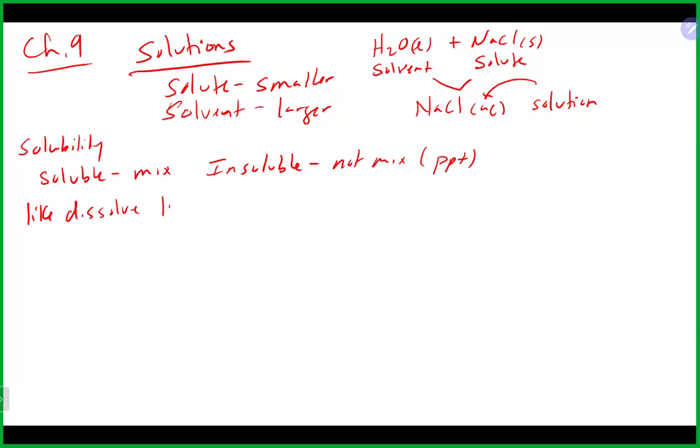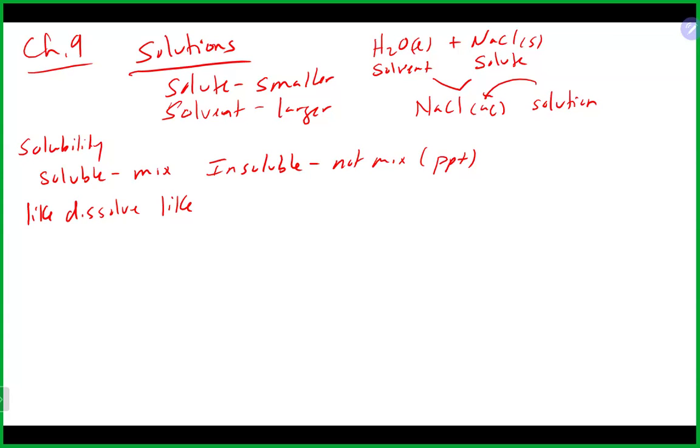Things that use similar types of interactions with other molecules, the similar way that they interact with themselves or other molecules of the same type, will definitely be soluble in each other.